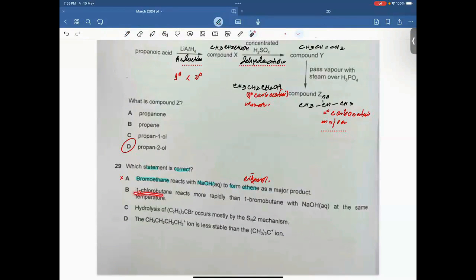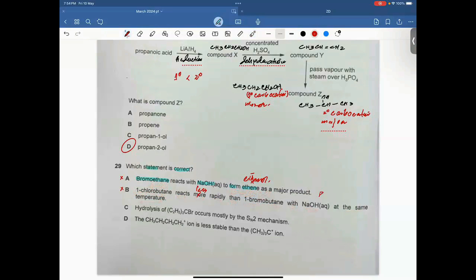Then 1-chlorobutane reacts more rapidly than 1-bromobutane with NaOH at the same temperature, when carbon-chlorine bond is shorter and carbon-bromine bond is weaker. So this bond is weaker, its bond length is higher, so it can take place more rapidly. So it reacts less rapidly because of its less reactivity.